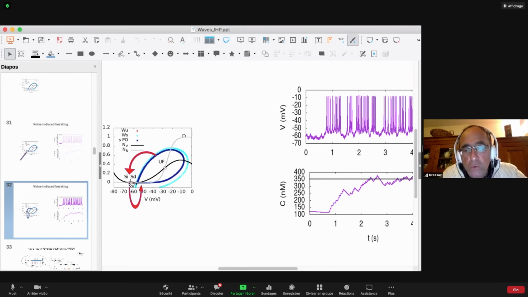Again, the goal is not to compute the time to go to the limit cycle, but to find the probability to go to the limit cycle and stay sufficiently long so that the calcium reaches a threshold. This means that you not only have to consider the first equation of V, you have to combine it with the equation of C, and you see the oscillation of C due to the dynamics.